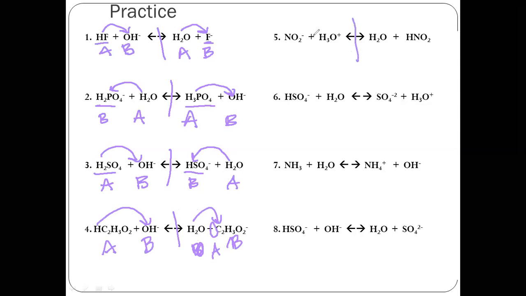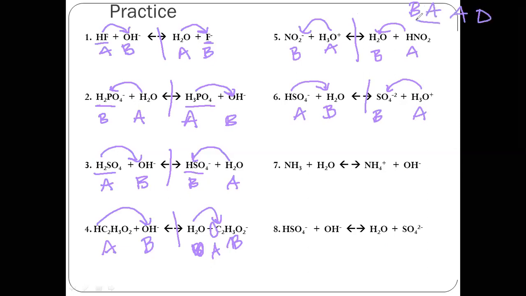Okay, and then the next side, base, acid, base, acid. This one donates to turn into SO4, acid, base. Accepts, base, acid. So I would always write down bases accept, acids donate, to just remind yourself what they do.